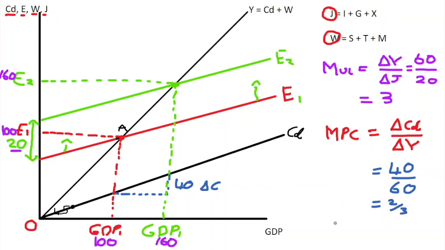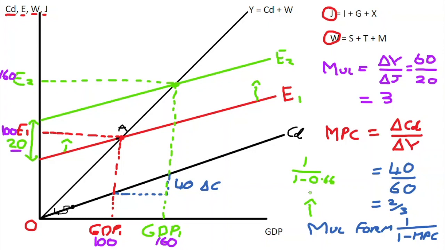Now, we can relate this to the multiplier formula. So the multiplier formula in this case here is 1 divided by 1 minus MPC. Okay, so what does this mean in our case here? What it means is that our multiplier formula becomes 1 divided by 1 minus 2/3, or 0.66.